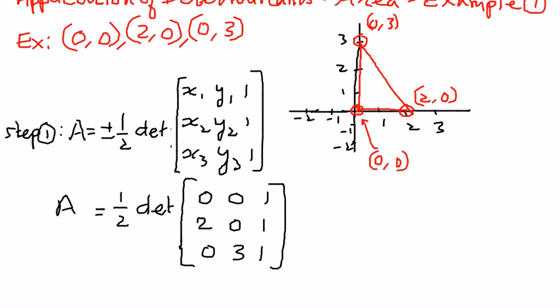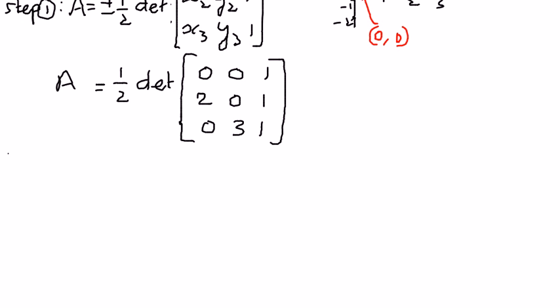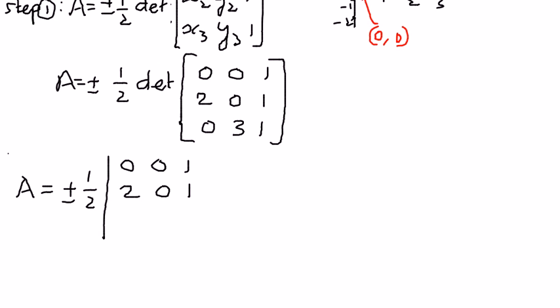So once we plugged in all the elements in this matrix, it is just a matter of simplifying the numbers. So here we have area is equal to plus or minus, right? So therefore area is going to be equal to plus or minus 1/2 the determinant of this matrix, which is going to be 0, 0, 1, 2, 0, 1, and then 0, 3, 1, like that.